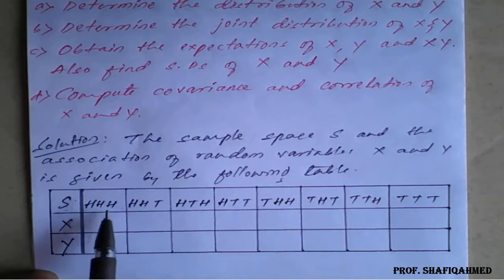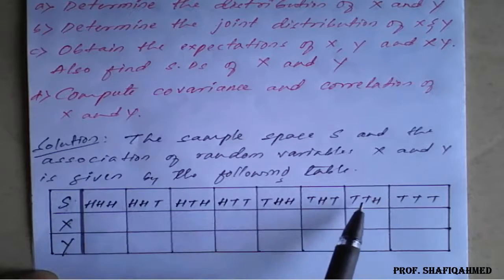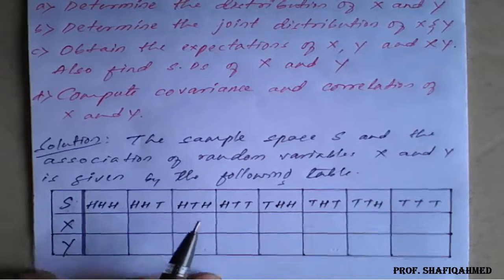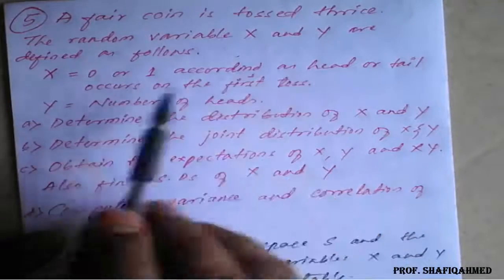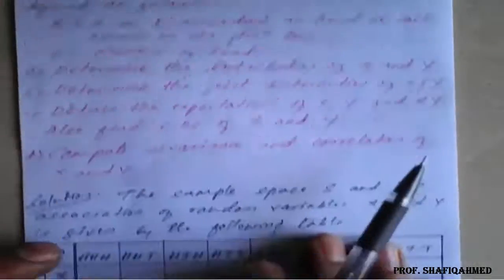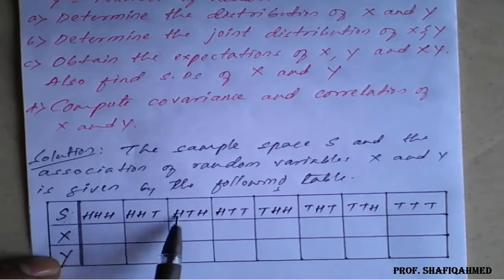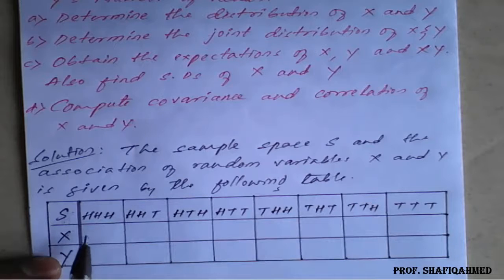These are the first case, second, third, fourth, fifth, sixth, seventh and eighth. Now we need to define X. X is 0 or 1 according as head or tail occurs on the first toss, so the first value in each outcome is the first toss.